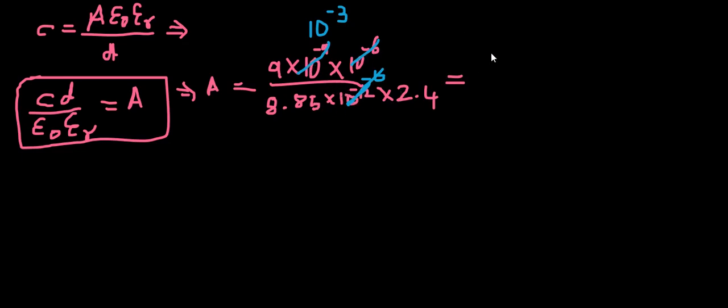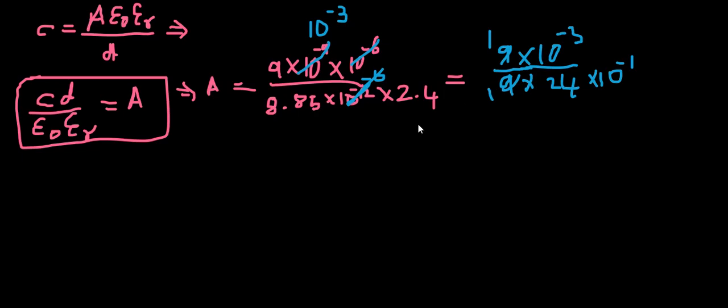Now 8.85 is approximately equal to 9. I am doing the approximation here, so nothing is wrong. 10 power minus 3 can be written here, and 2.4 can approximately be written as 24 into 10 power minus 1. Now let us cancel this thing.